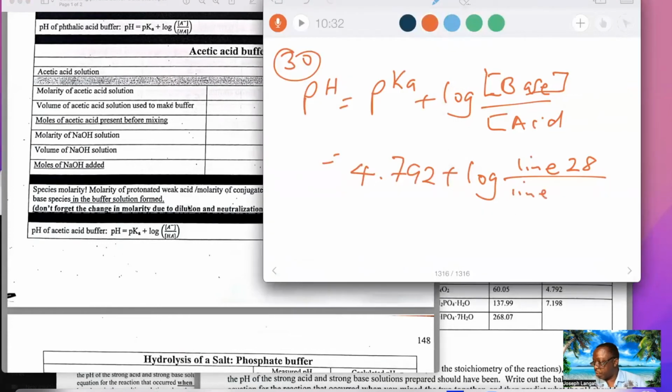That should give you the pH of the acetic acid buffer solution you prepared in part 2.